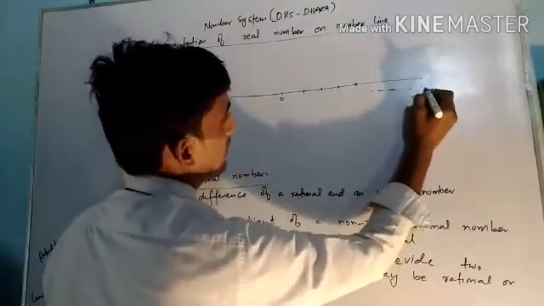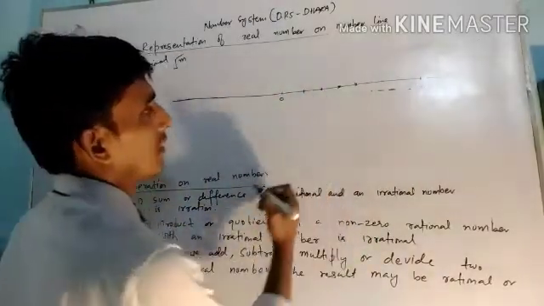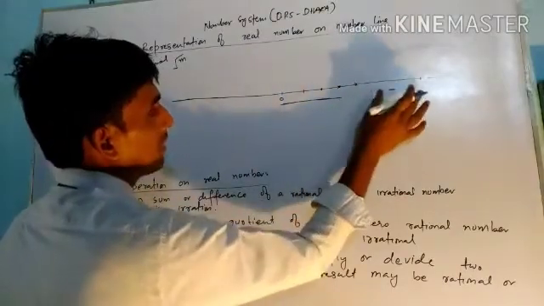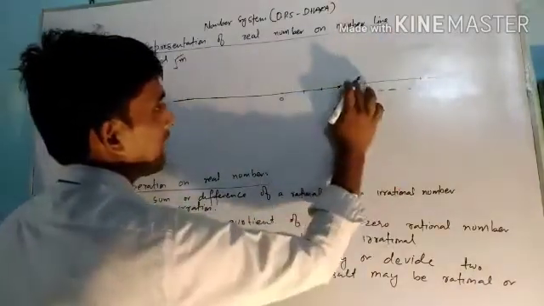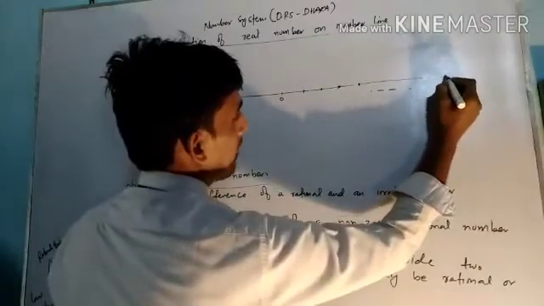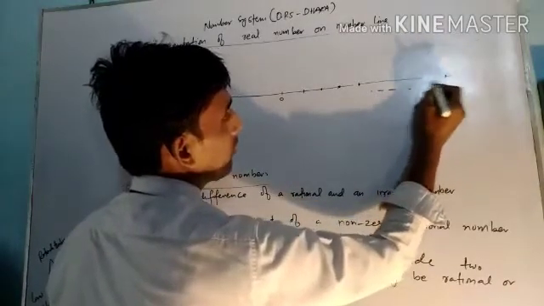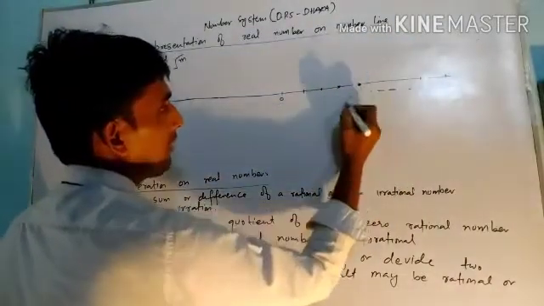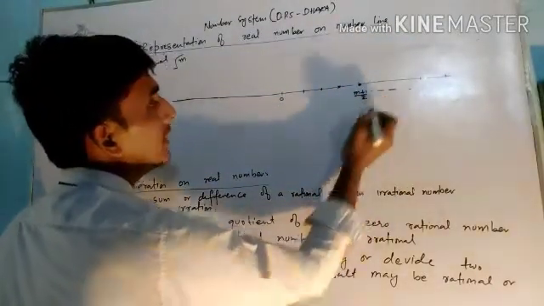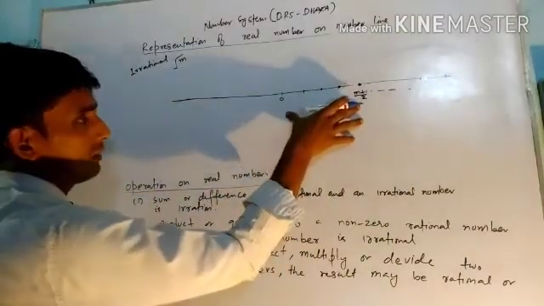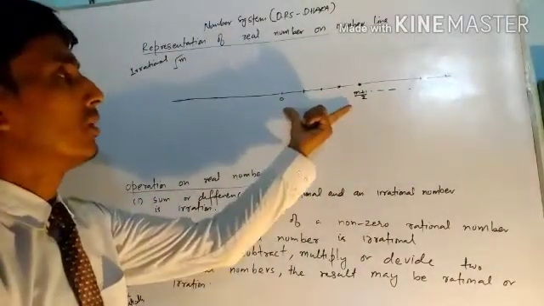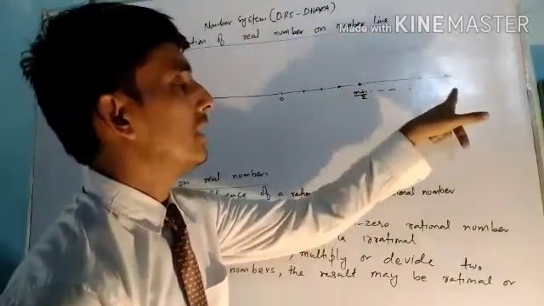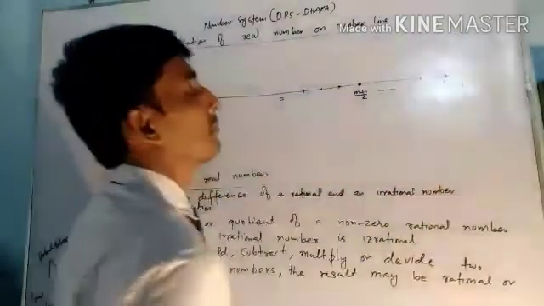If you take the half length of this, it will lie somewhere here. But we will not take the half length of this. We will take another point, that will be m plus 1, one more than m, and we will take the half of m plus 1. So this point will be how much? m plus 1 by 2. The length of 0 to this point will be equal to m plus 1 by 2, and similarly the length between m plus 1 by 2 and m plus 1 will be equal to m plus 1 by 2.